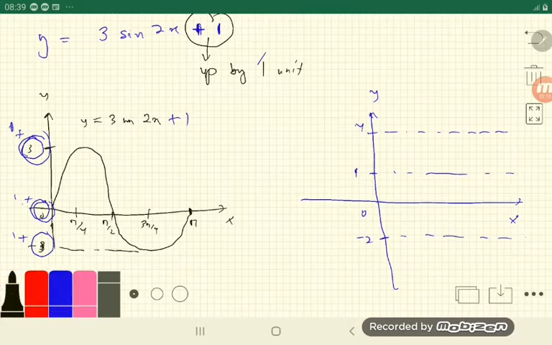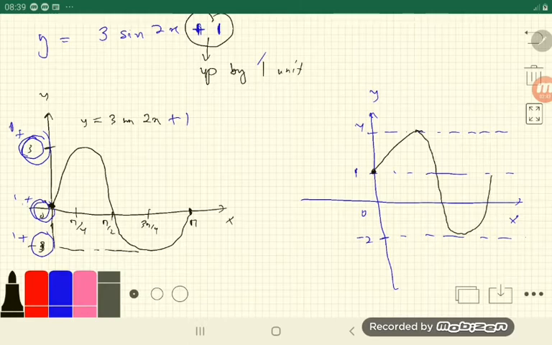So let us try to draw. Last time we started everything from 0, but now we are going to start everything from 1. So we are going to go up. We are going to get the same pattern, goes down and then goes up again.